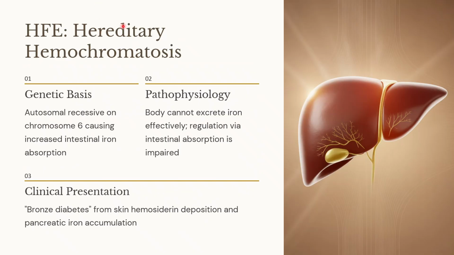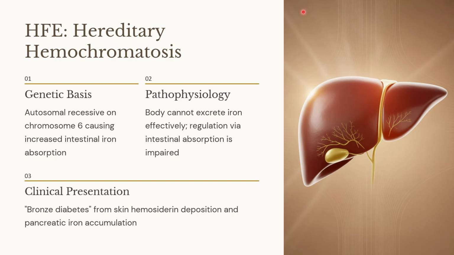What about hereditary hemochromatosis? The abnormal gene is HFE, and this is an autosomal recessive disorder on chromosome number 6. The only way to control iron in our body is by intestinal iron absorption.